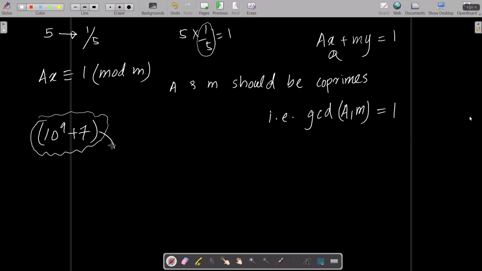So what is special about it? Now this is an additional question. What is the specialty of this number? Why do they give us 10 to the power 9 plus 7? Why don't they give us 10 to the power 9 plus 8, or 10 to the power 9 plus 4? Why do they always give this one? Why is that?